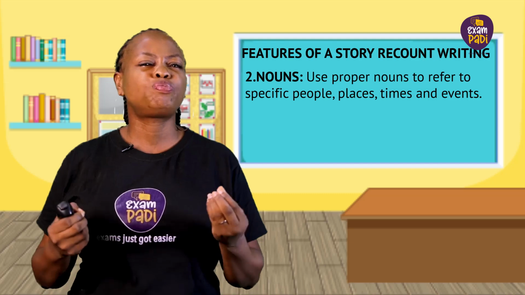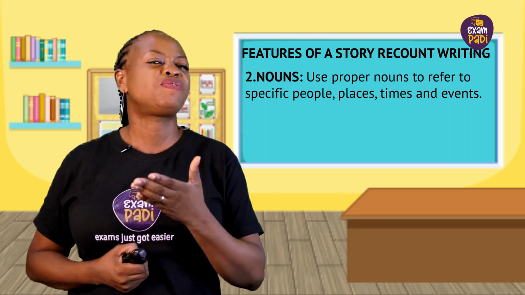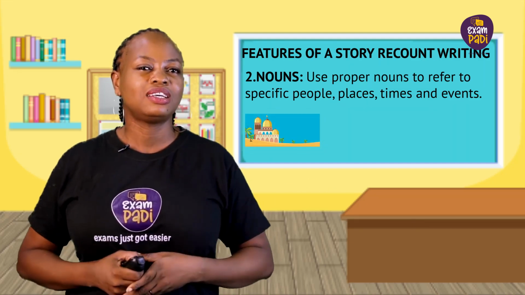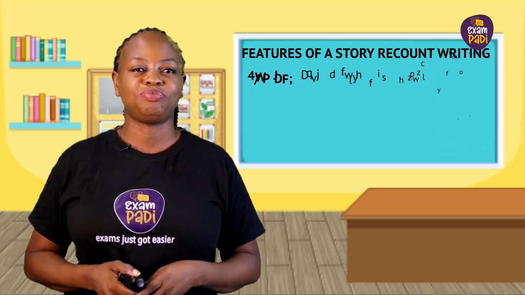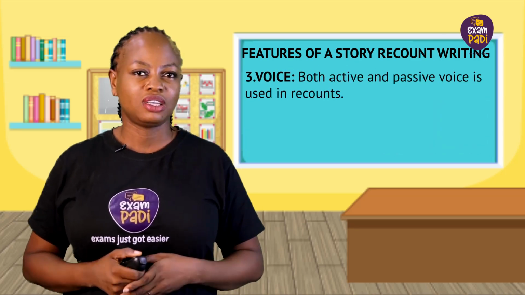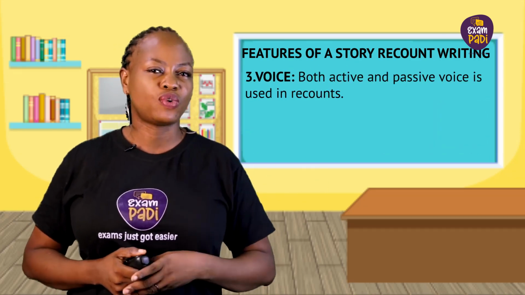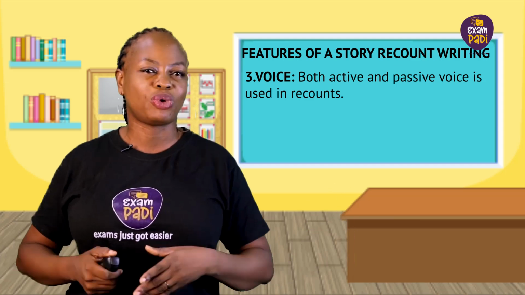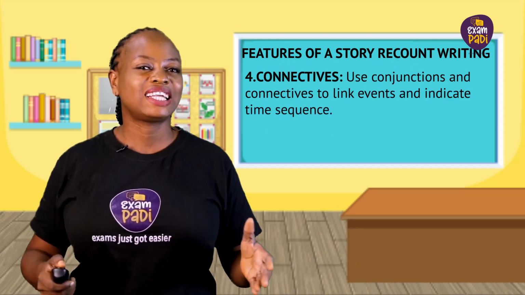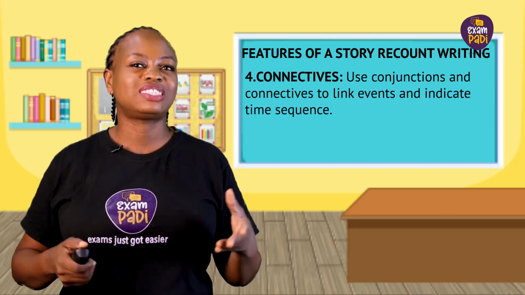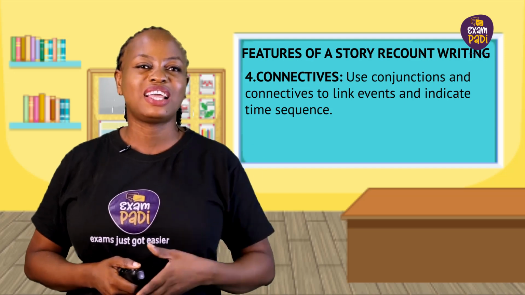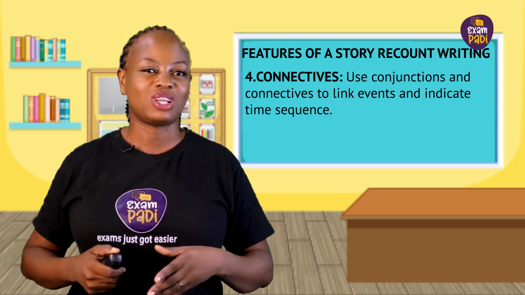Nouns. Use proper nouns to refer to specific people, places, times, and events. 3. Voice. Both active and passive voice is used in story recounts. 4. Connectives. Use conjunctions and connectives to link events and indicate time sequence.